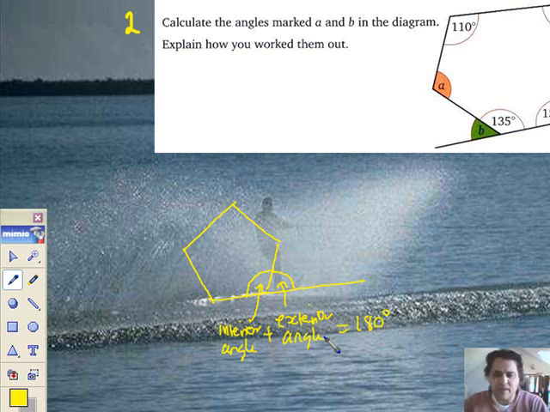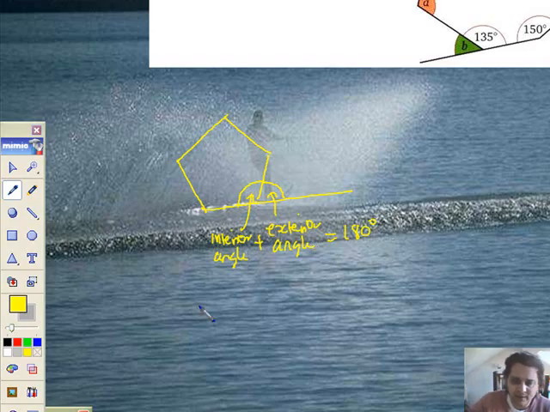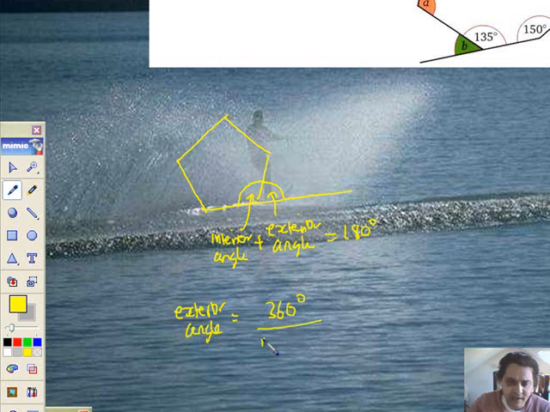Now, it can be shown that, and this is a fantastic rule to begin to learn, the exterior angle for any polygon is going to be 360 degrees divided by the number of sides. Is that alright?